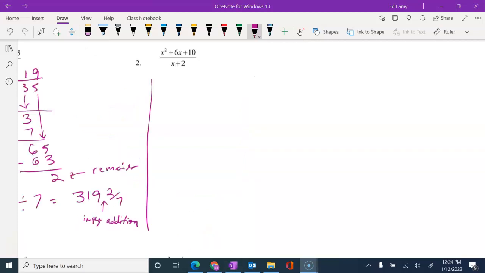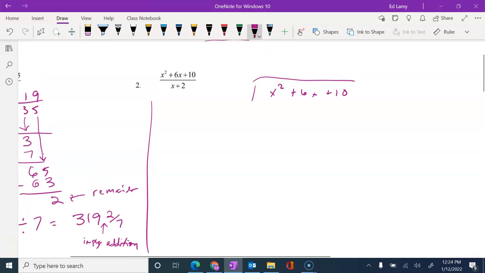By those techniques, the divisor is x plus 2, and it goes here. The dividend is x squared plus 6x plus 10. And you only have to look at that first term. What do you multiply x by to get x squared?